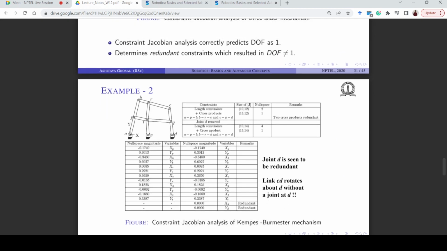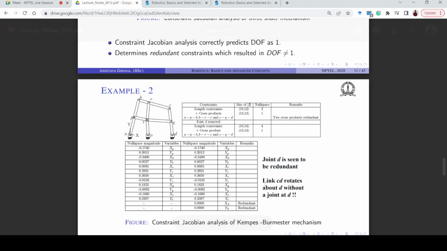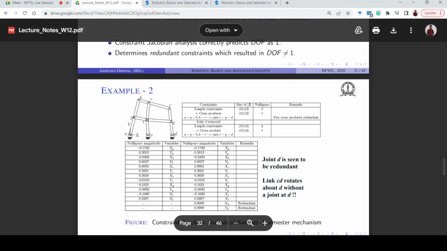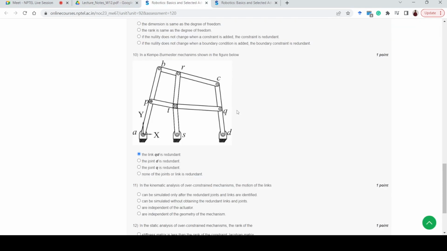Okay, so whatever you take the joint coordinate as, it is given also in example 2. Basically, whenever a constraint is redundant, that means that even if that constraint was not there, the system would move in the exact same way as it is moving when the constraint is there.